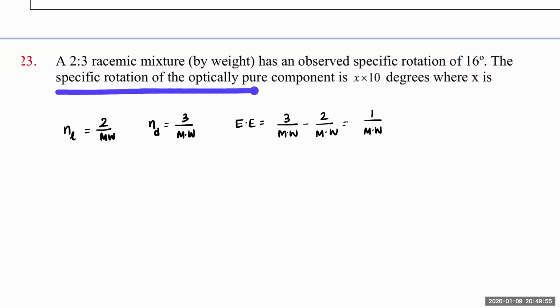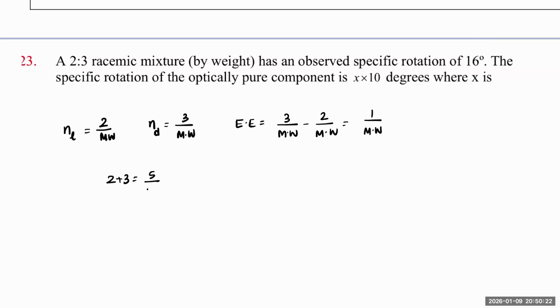So the specific rotation of the pure component is how much? That is what we need to figure out. Clear? If this is 16 degrees, how much would that be? See, out of the total amount here, can I put it like this? The total amount is how much? 2 plus 3, 5.